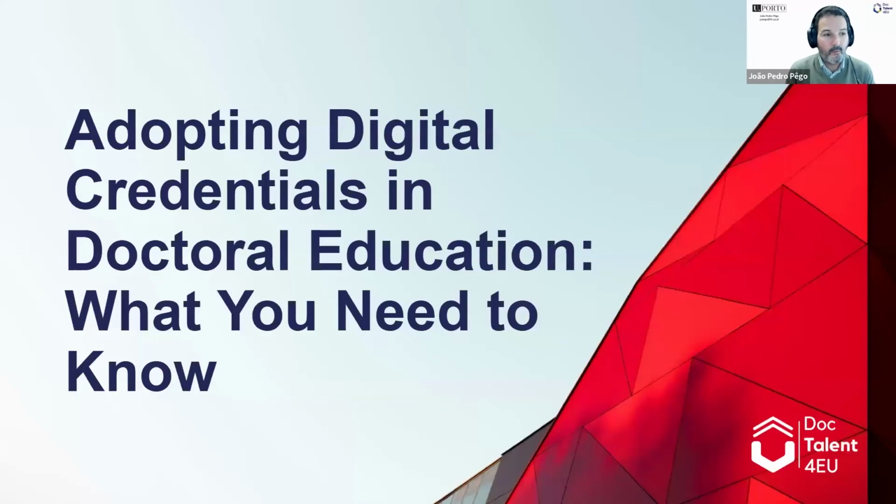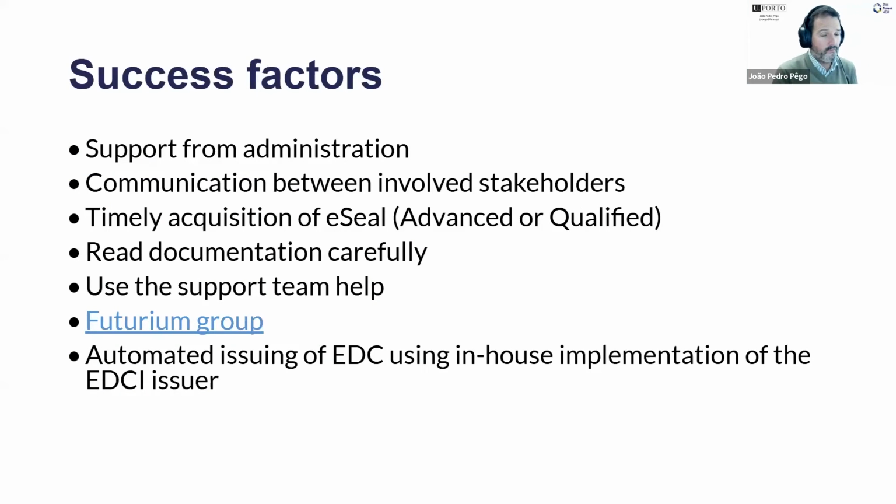So what you need to know beforehand, I've mentioned already a lot of stuff. First of all, it's of utmost importance, more than the ECL, to get support from your administration, because without that you will hardly get an electronic seal, and without an electronic seal things will not work. It's important that you are on the same page with your administration.